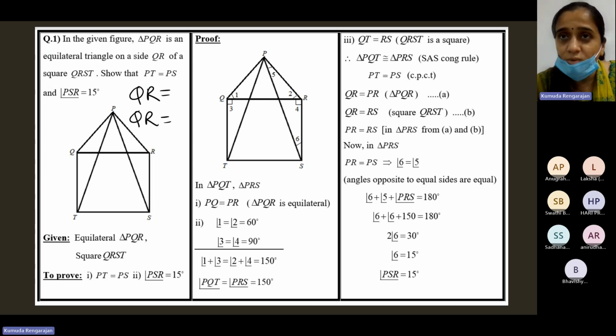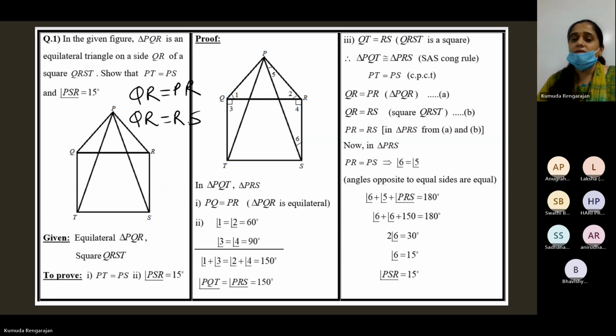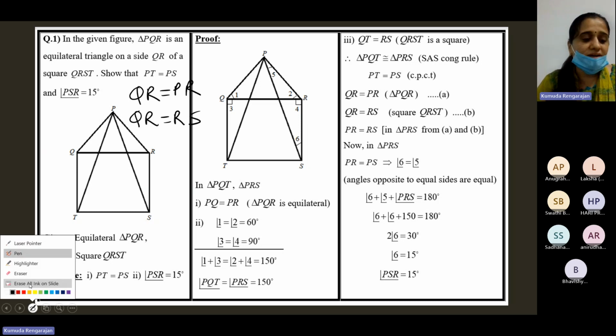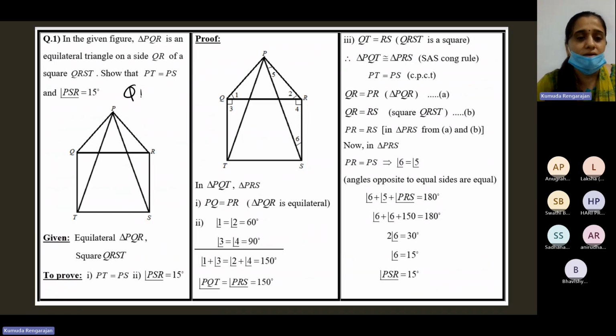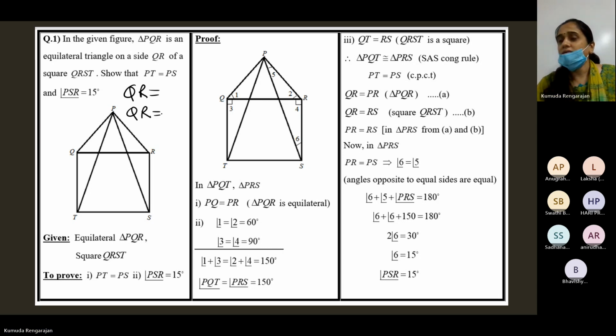Now, can I write QR is equal to PR from the triangle and QR is equal to RS from the square, correct? I've taken the common side. The common side to the triangle and the square is QR.